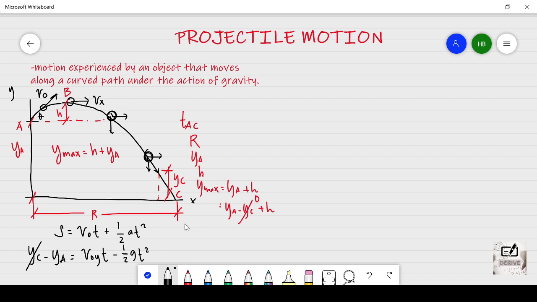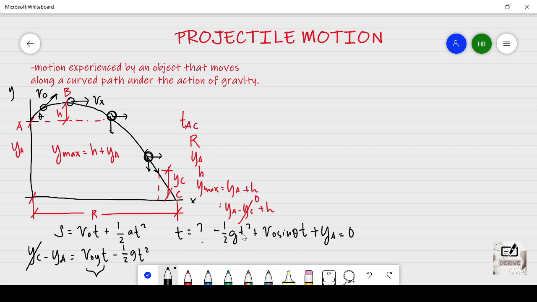So rearranging the terms, we have negative 1/2 g t squared plus V0 sine theta multiplied by t, and the remaining term transposed, so that you have your y equal to 0.